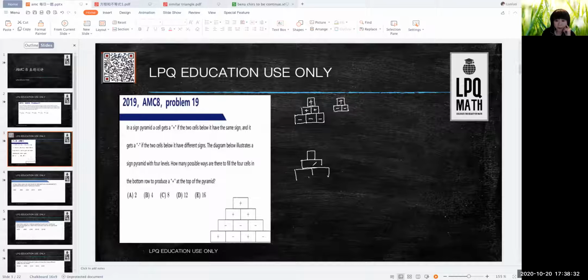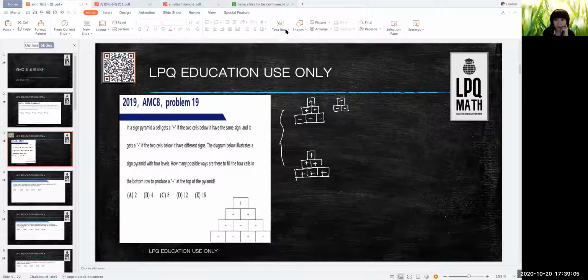Very good, because we also have another option: positive, positive, positive. So for the first situation, we get 2 options: the second layer could be positive, positive, positive, or negative, negative, negative.